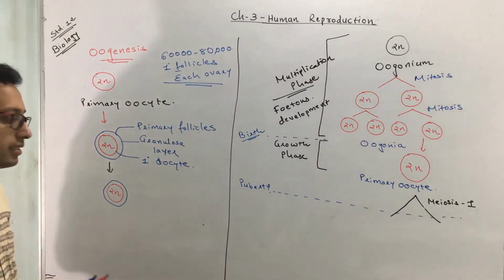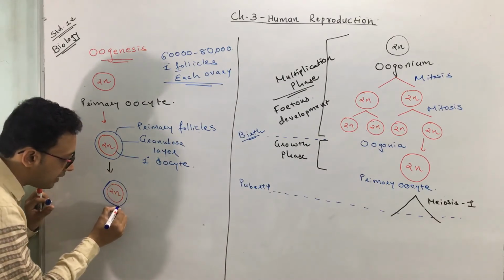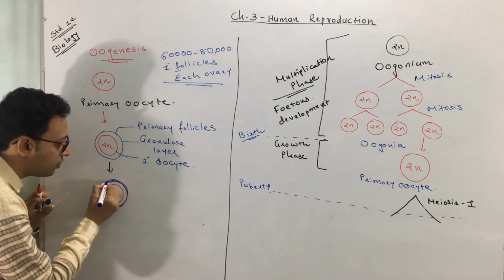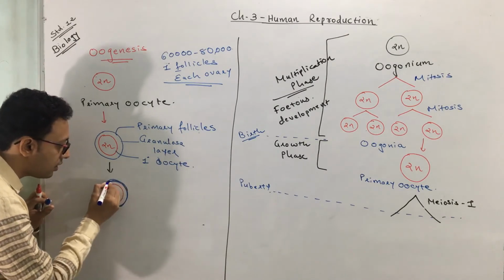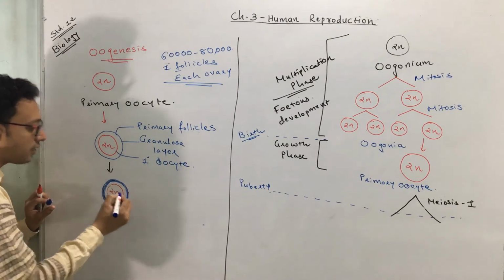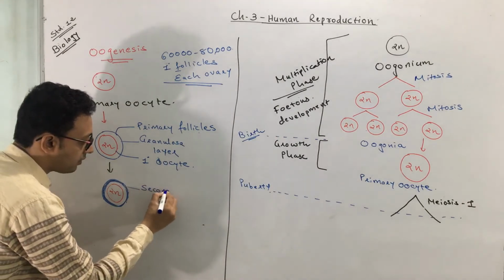The remaining ones get ruptured. Now this primary follicle becomes thicker, as more layers of granulosa are added on it, and thus it becomes a secondary follicle.